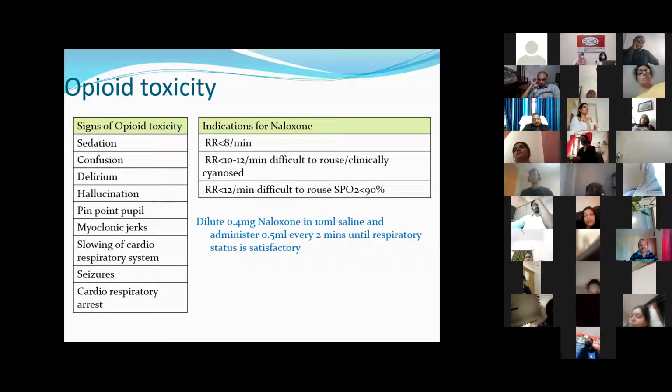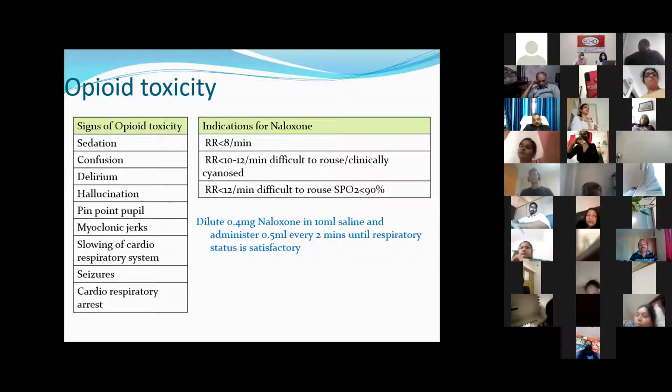Directly start naloxone. The starting dose will be 0.4 milligram in 10 mL over 2 minutes, and because it is very short acting, always try to assess every 5 minutes until the patient gets a satisfactory respiratory status. That will be more than 12 to 16 per minute.